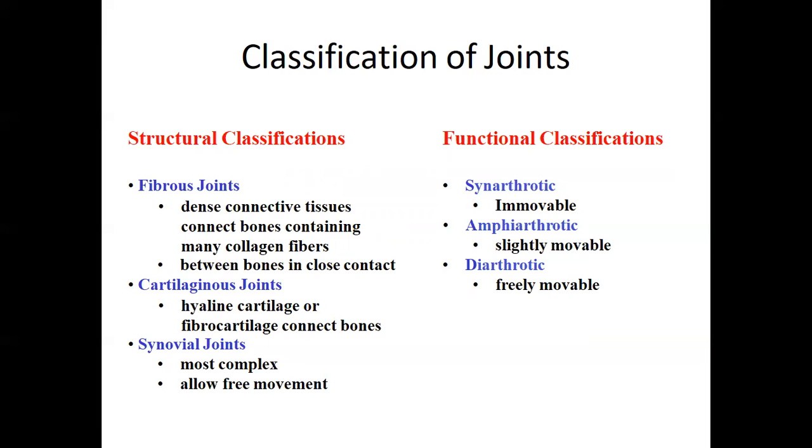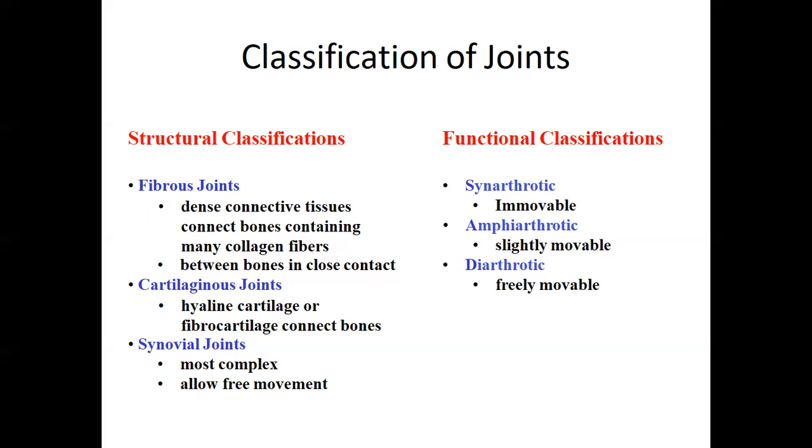Your fibrous joints are made of dense connective tissue. These connect the bones using mostly collagenous fibers. This occurs at bones that are in close contact with one another, and we'll talk more specifically about that as we continue. Cartilaginous joints have either hyaline cartilage or fibrocartilage that connects the bones.